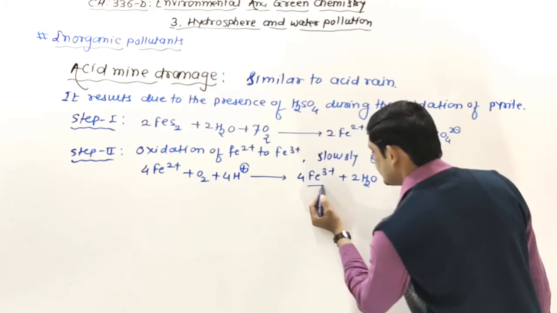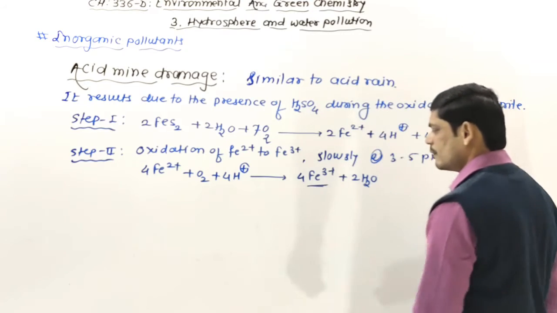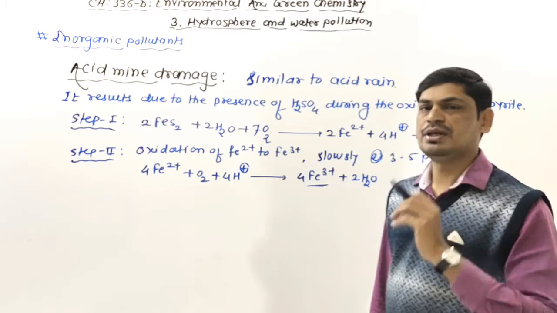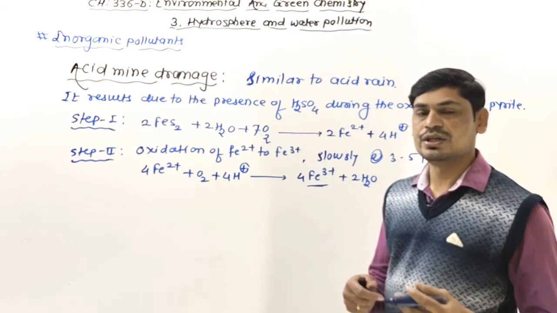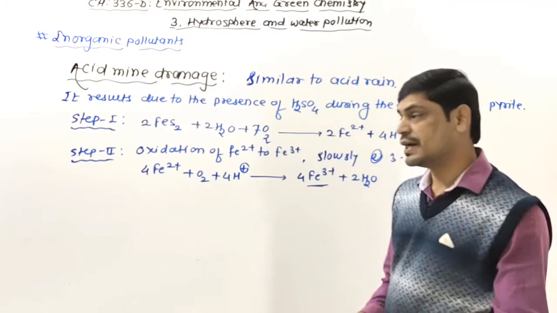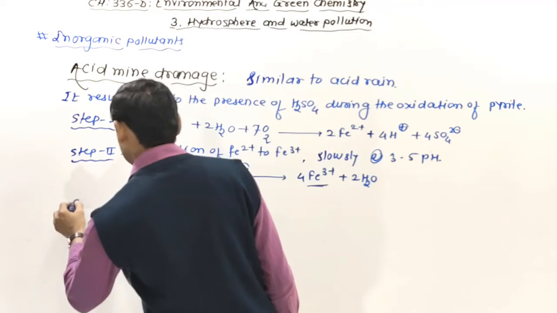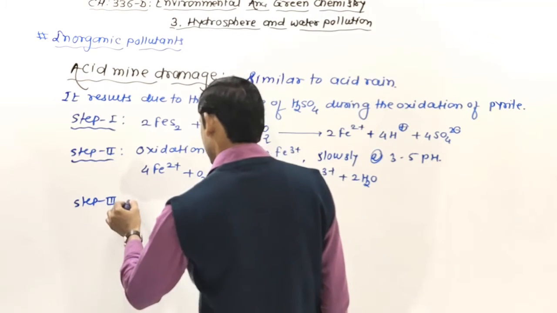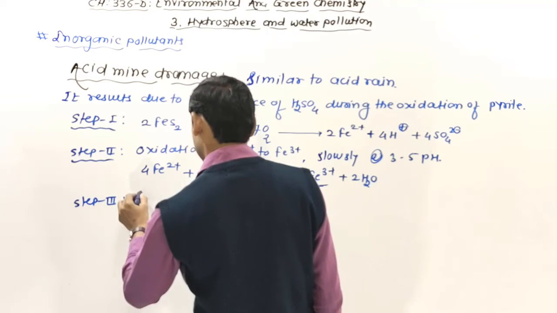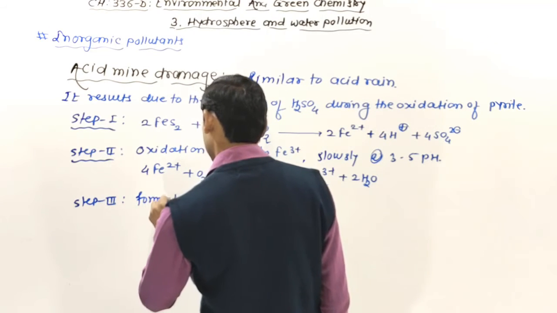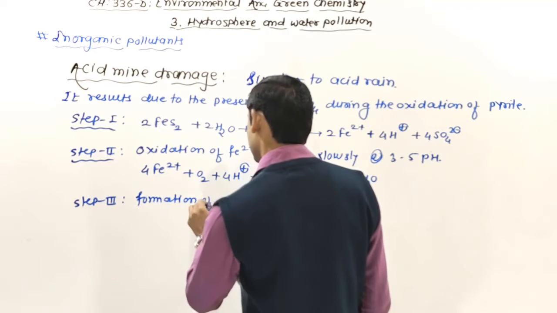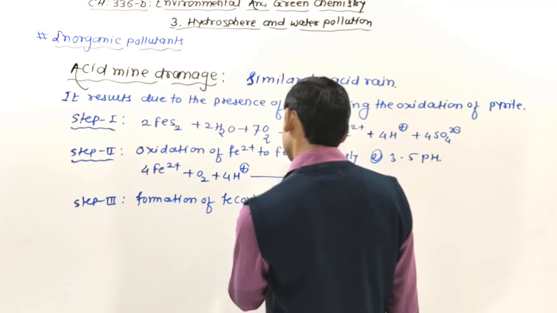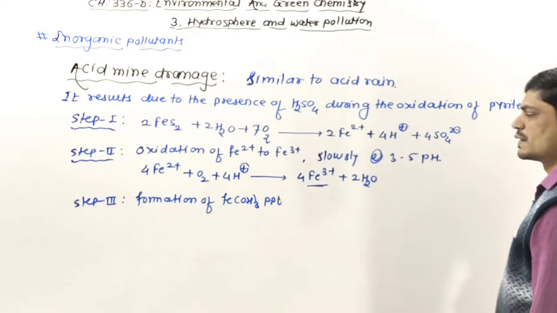Now this Fe3+, the ferric ion formed at acidic pH, reacts with water to give a ferric hydroxide. So the third step is the formation of ferric hydroxide precipitate.